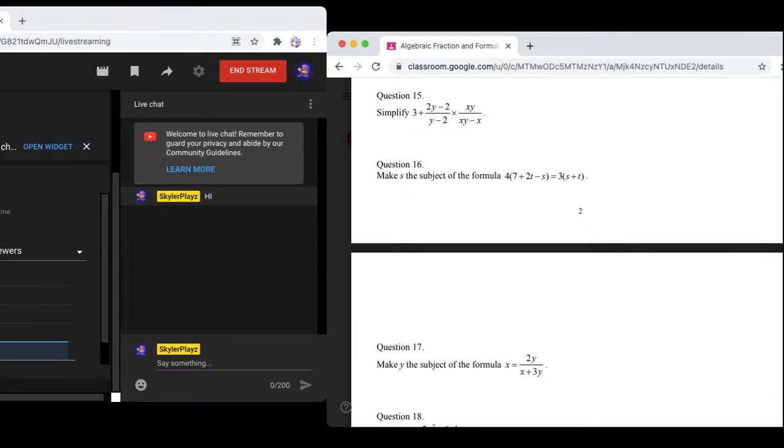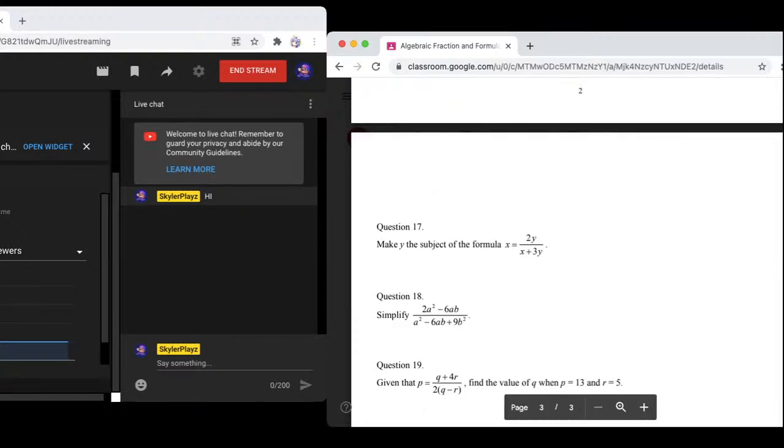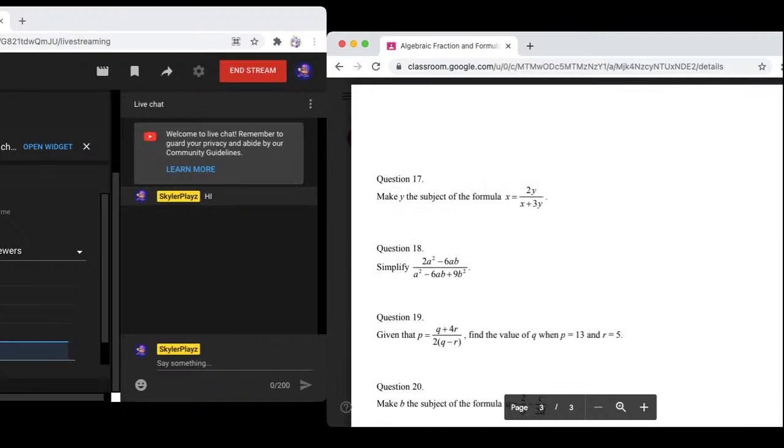Question 17. Make y the subject of the formula. Okay, so when x is equal to 2y over x plus 3y, and y, oh, we have the y here. Let me think.